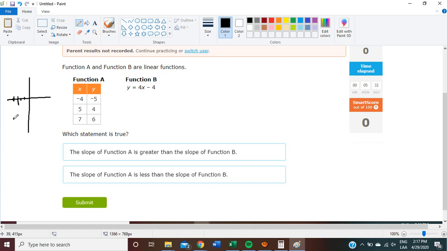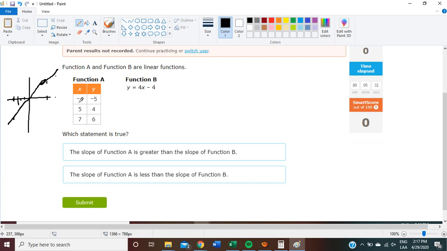These are the coordinates of this line. 5 and 4 positive, 5 here, 4 here, and 6, 7 more or less over here, and 6 more or less over here. So the line will be something like this. So if we want to graph this, it is going to be something like this.